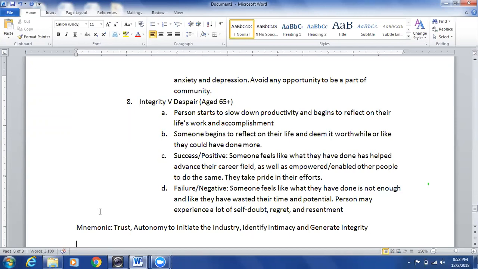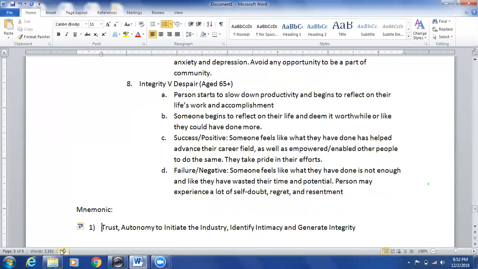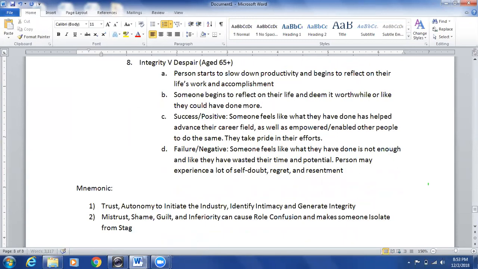And then the positive side is here. The negative or failure side is mistrust, shame, guilt, and inferiority, which can cause role confusion and makes someone isolate from stagnation, which leads to despair.